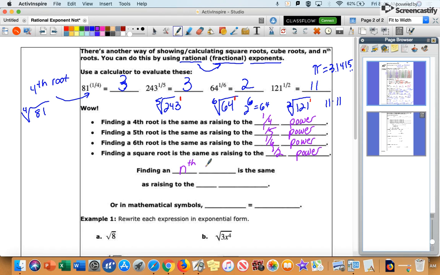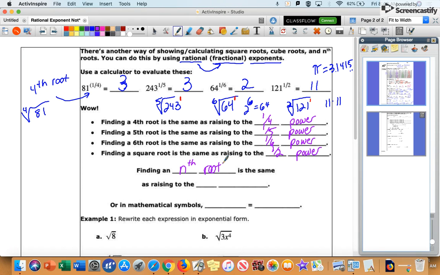So if we have to find what times itself 10 times, say you have a really big tournament with more than 64 teams, let's say 128 teams. How many games would that take? You are looking for something that has a very large number of times being multiplied by itself.